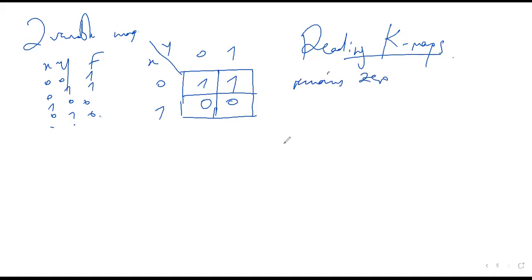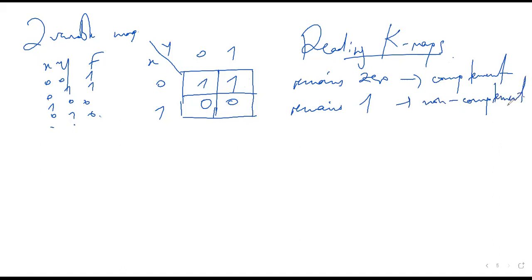Let me try to put this in a much simpler way. The variable which remains constant as 0 is written complemented. The one which remains as 1 is non-complemented.